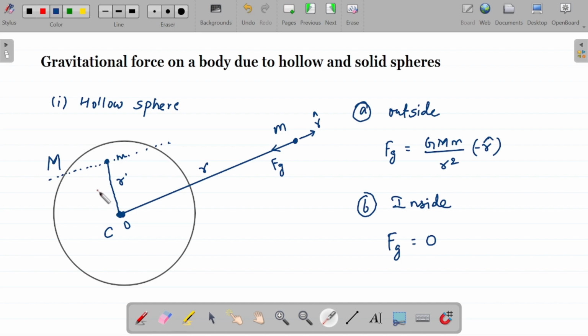These two regions have mass, and these two masses are going to create equal and opposite gravitational pull on this body, and the resultant will be 0. A detailed explanation you can get in further lecture videos when I start for IIT JAM. Okay. Now what about a solid sphere?